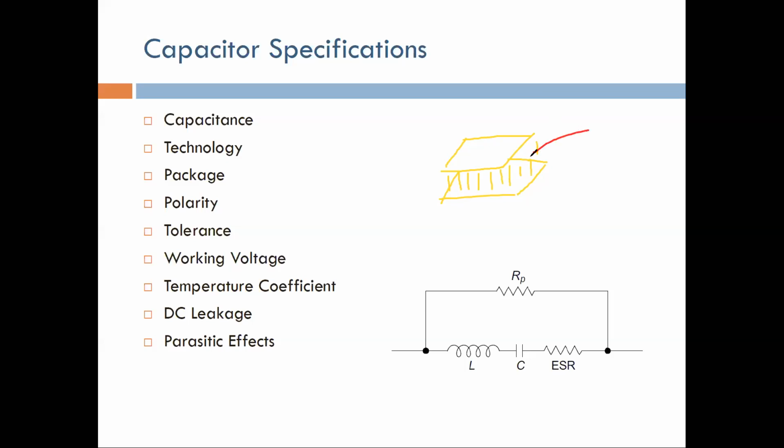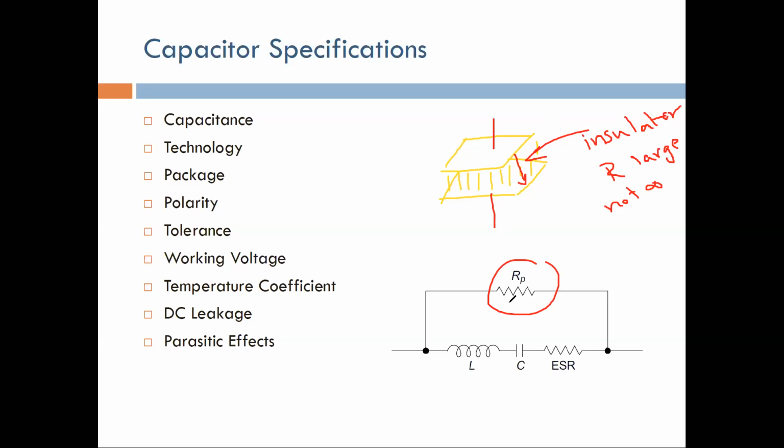The insulation material here has a very large resistance, but it's not infinity. Meaning that you still have leakage between this and that. You still have current between these two plates. This current depends on the kind of insulation that you're using, but you will definitely have some leakage, and this leakage is represented in the parasitic effects here as a resistance like this.